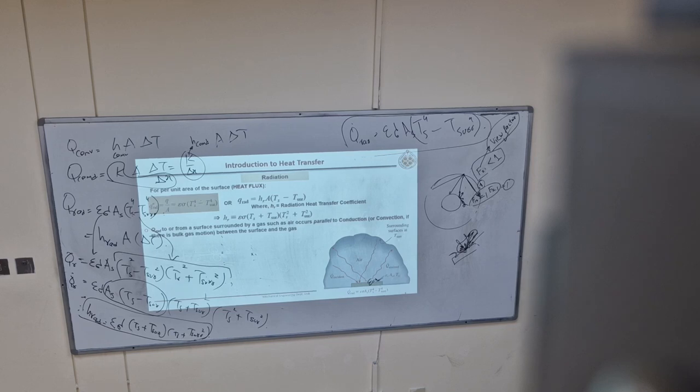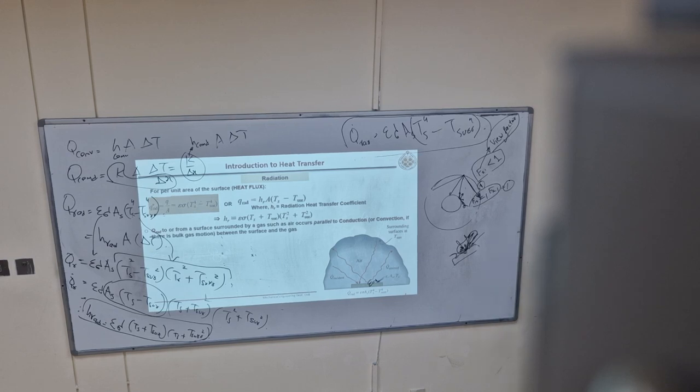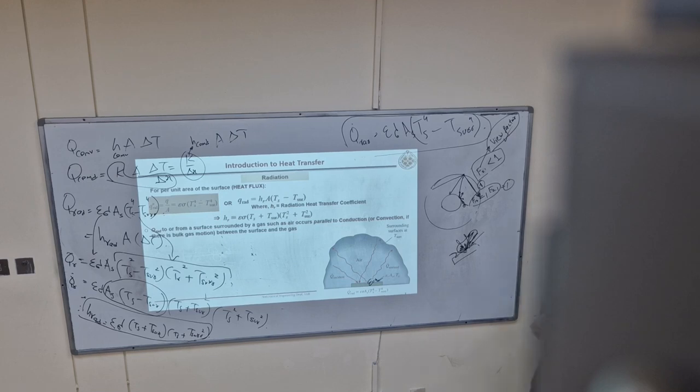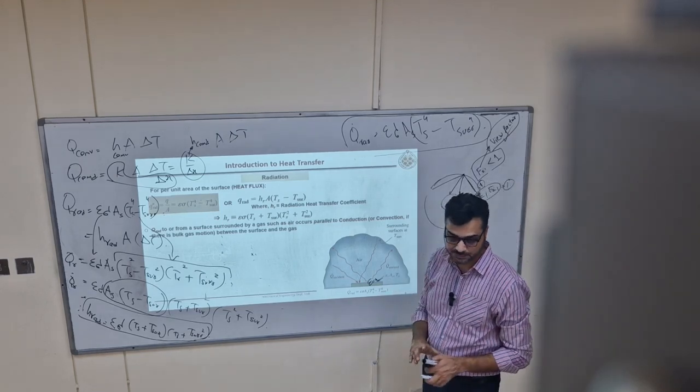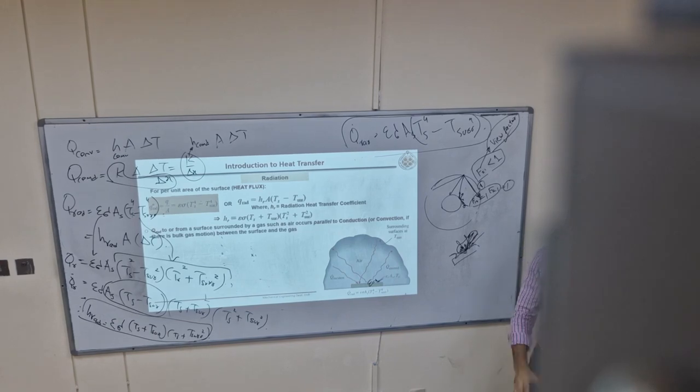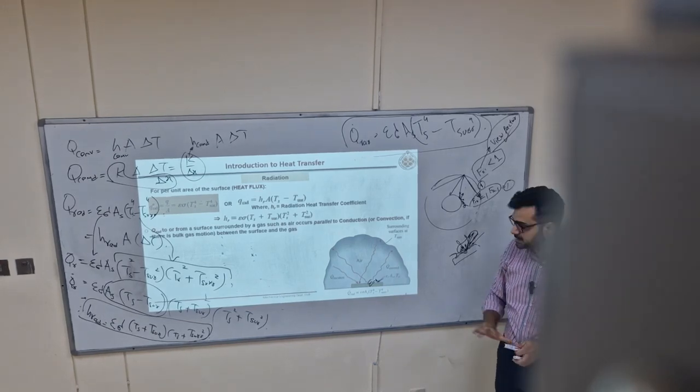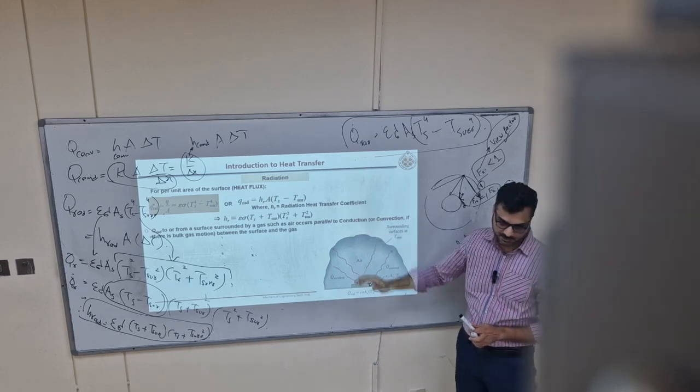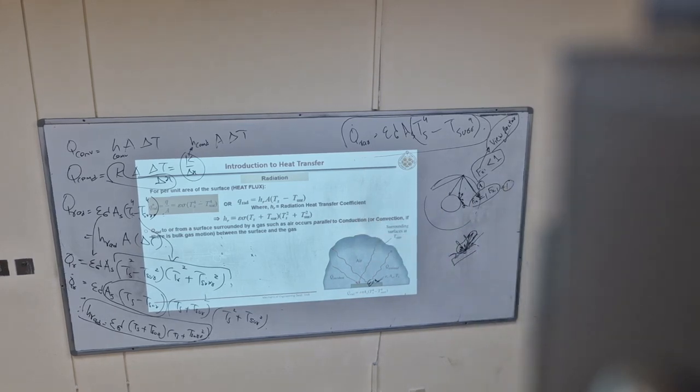There are certain derivations for simple geometries, and for complex geometry, there are tables and very complex equations. I'm telling you, this is the most complicated part of heat transfer. But unfortunately, the semester duration is so small, we have only 1 or 1.5 weeks at the end for radiation. That's why I'm covering at least the basics here. Okay.